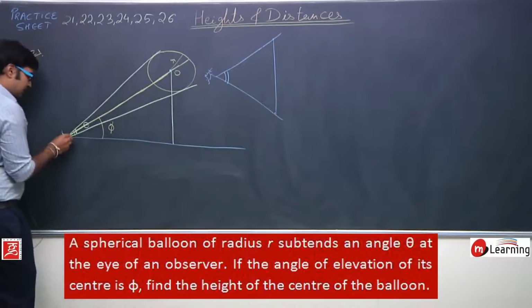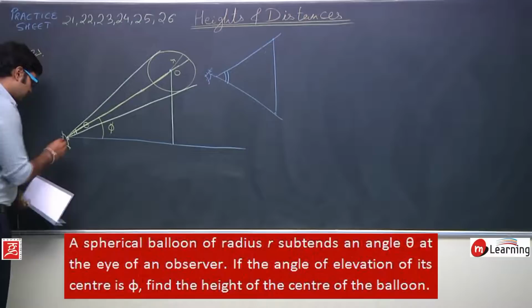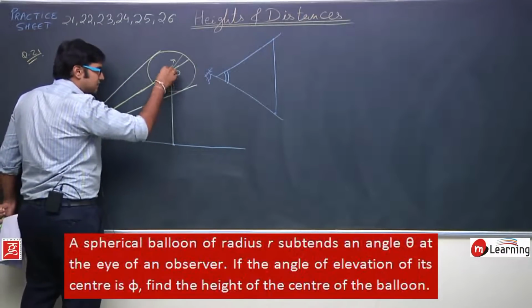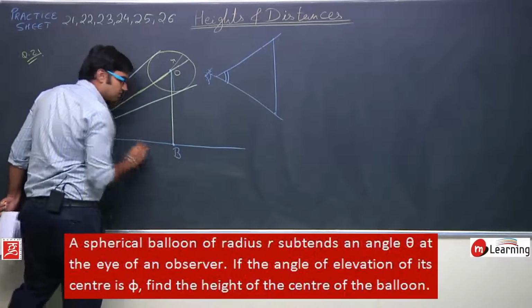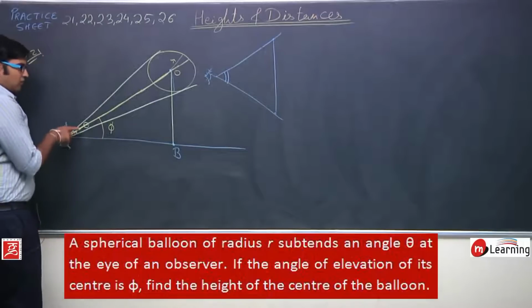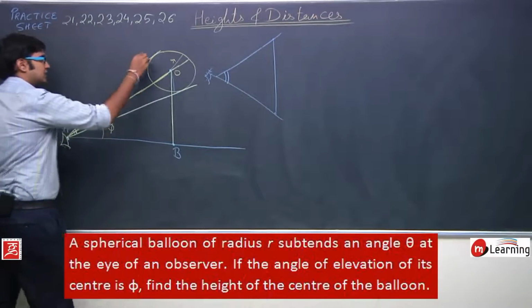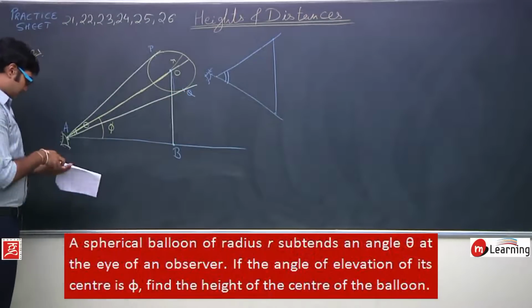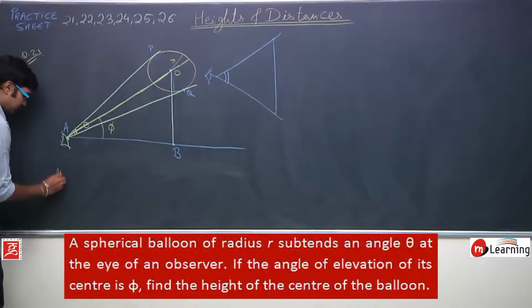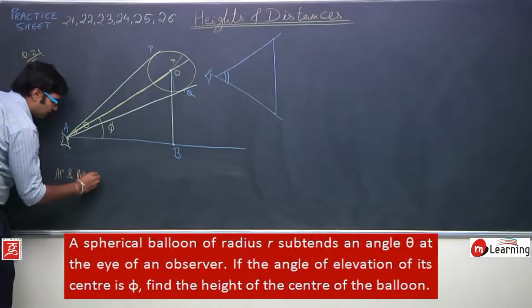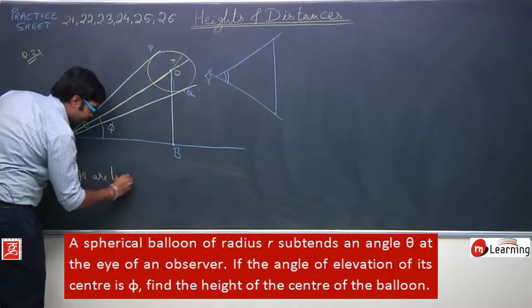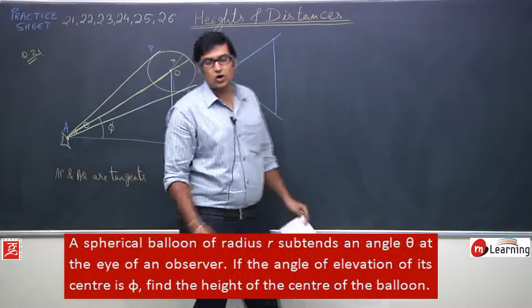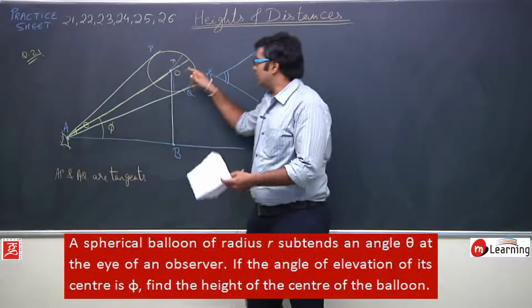Let us say the point where I am observing is point A. The point where the vertical line is drawn from the center of the balloon is point B. Let us say this point is P and this point is Q. AP and AQ are the two tangents drawn from my eye to the balloon.